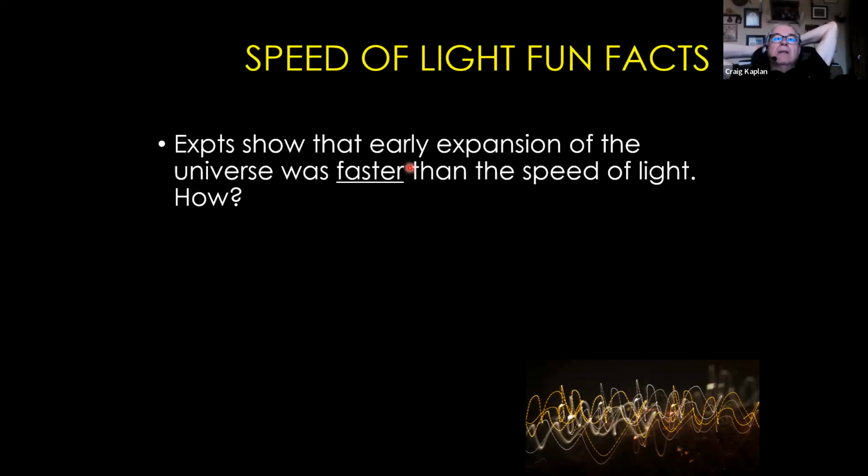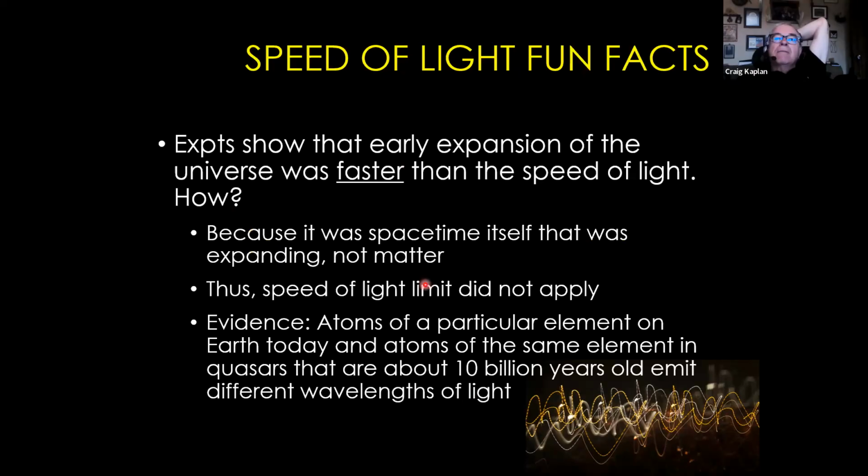So how can these experiments, which are quite robust, show that the early expansion of the universe was faster than the speed of light? The reason is that it was space-time itself that was expanding, not matter. It wasn't light that was moving away from us, it was space-time itself. And so the speed of light limit didn't apply to space-time itself.